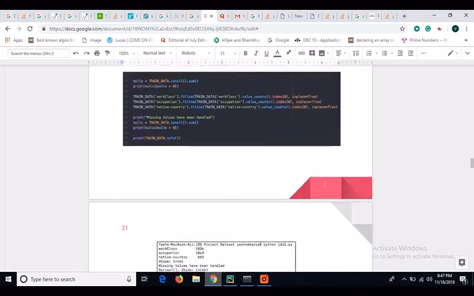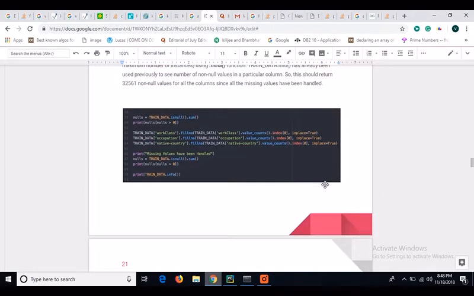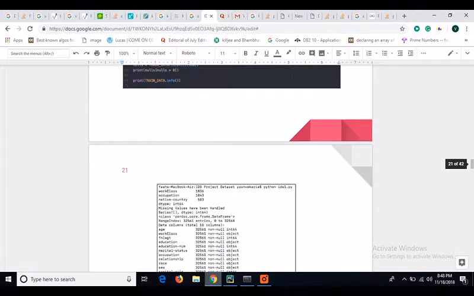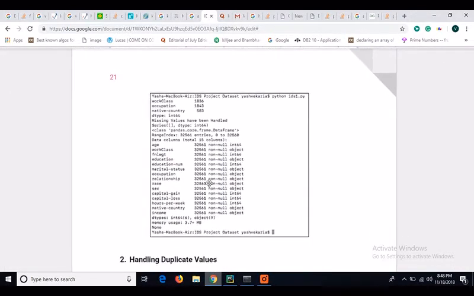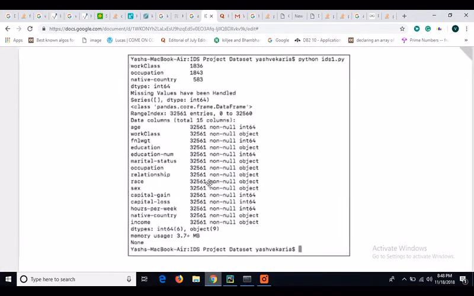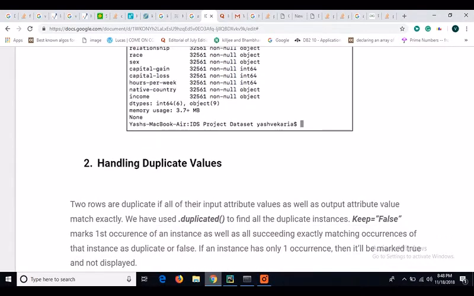We are doing this because the mode has a good representation of the entire column, since many attributes, as seen in the EDA section, are highly skewed or have a very high count of a particular category. Now after replacing the missing values, we can see that the number of values in each column is 32561, which is the maximum. It means it now has no missing values.